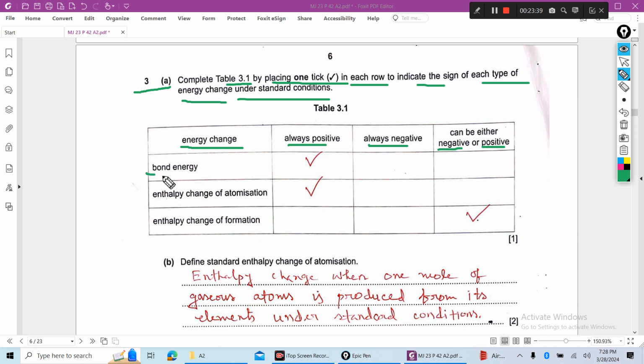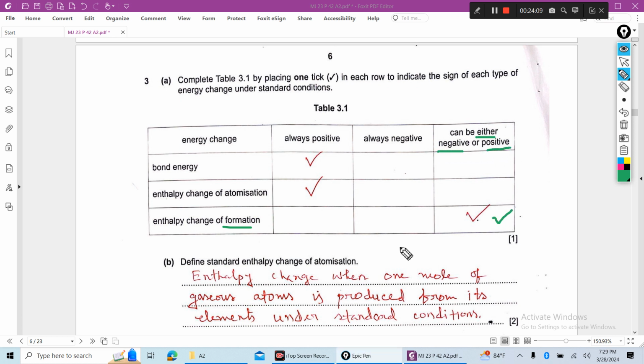Now you see bond energy is always positive, so here tick mark. Enthalpy change of atomization is always positive, energy is needed, so this is positive. And enthalpy of formation is mostly negative but sometimes it can be positive, so enthalpy of formation can be either negative or positive here.